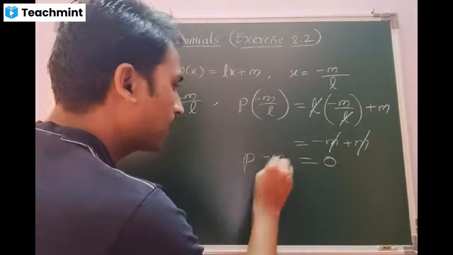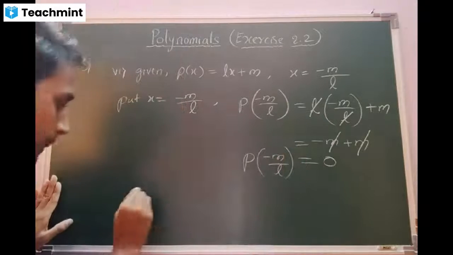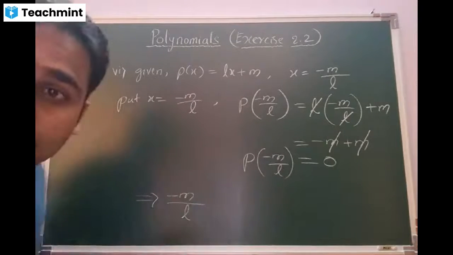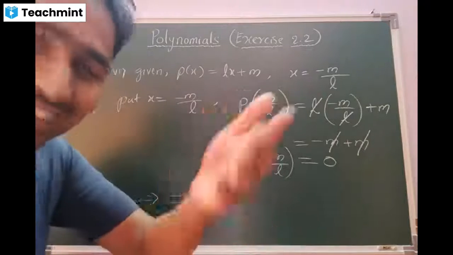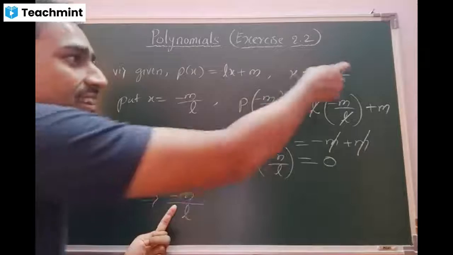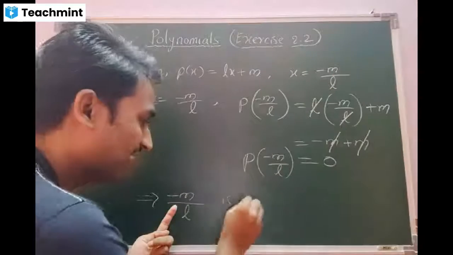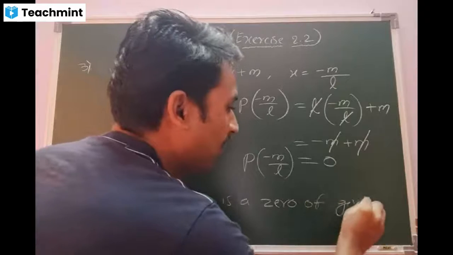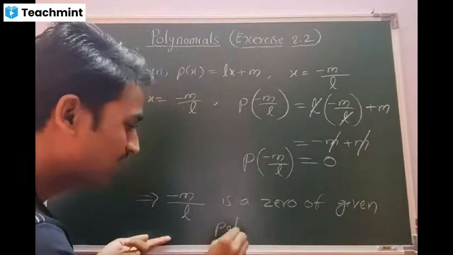So what will be the conclusion, beta? The conclusion is that minus m divided by L is a zero of the given polynomial. Correct, beta?